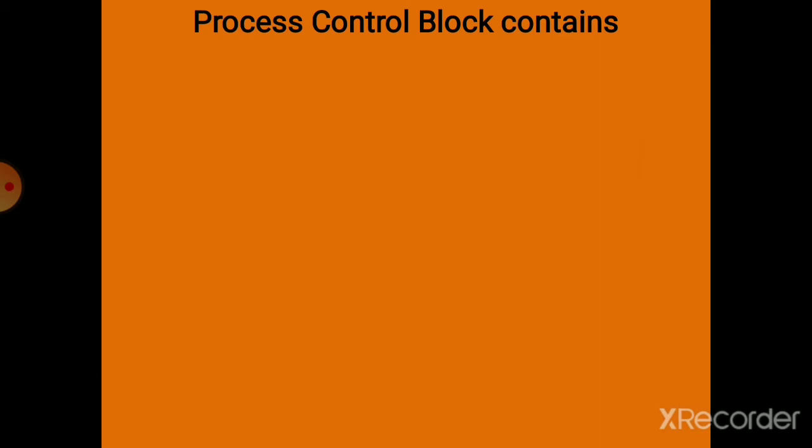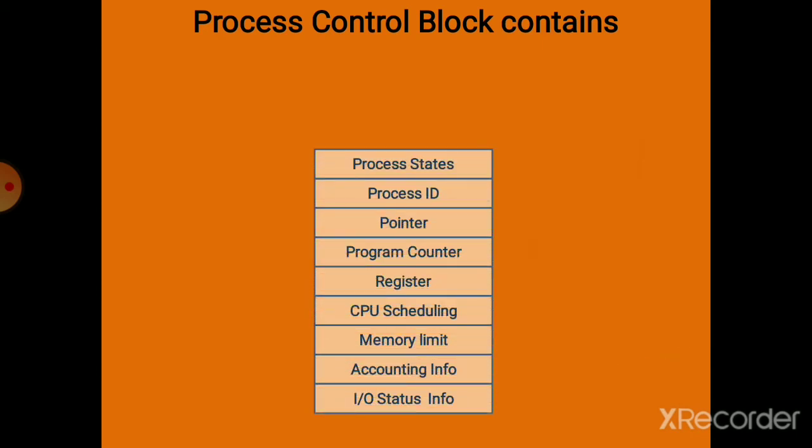It stores different kinds of information regarding the process. Let us see them one by one. The various pieces of information are process state, process ID, pointer, program counter, register, CPU scheduling, memory unit, accounting information and IO status.